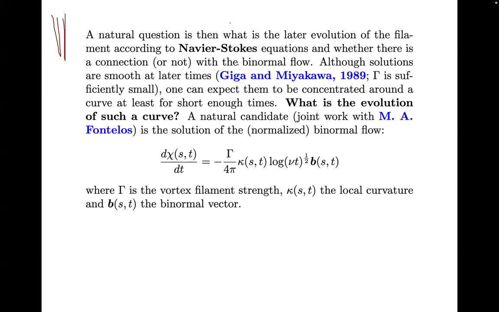The first answer one could imagine is to say, well, because of the viscosity, the heat flow is acting with a parameter given by the viscosity, so immediately the delta will degenerate in the normal direction to a tube where the size will be like the square root of nu t.